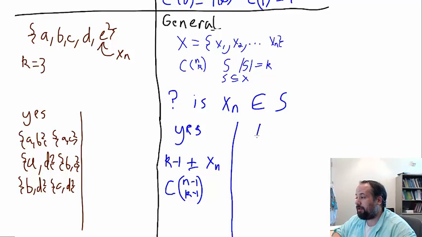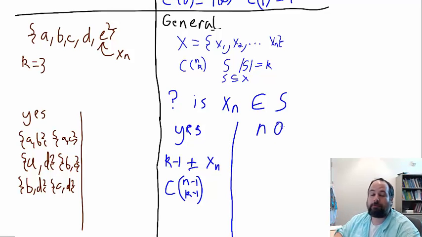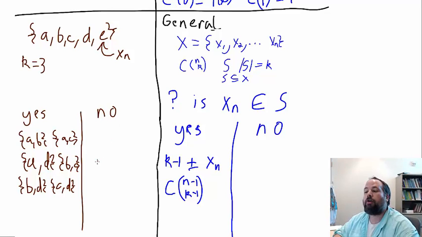The other possibility is that no, x sub n is not a member of S. So what are the possibilities? If we go back to our concrete example, what are the possibilities for a set S that is size k but doesn't contain x sub n?